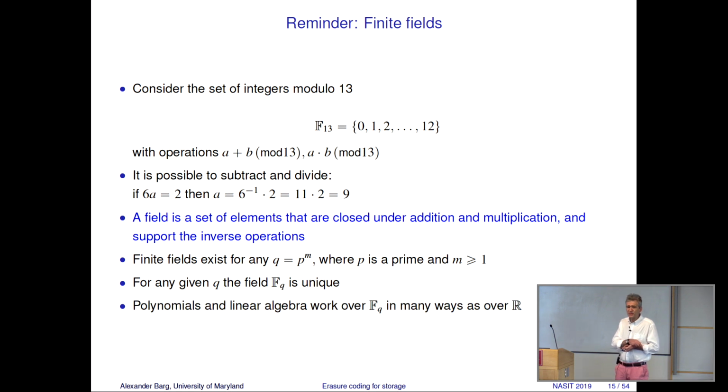And what is the most important is that linear algebra works over finite fields pretty much the same way, not exactly, but not that far from the way it works over the reals or any field of characteristic 0. And polynomials work too. So there are zeros of polynomials. There is the basic theorem of algebra that says that the number of roots does not exceed the degree, and so on and so forth.